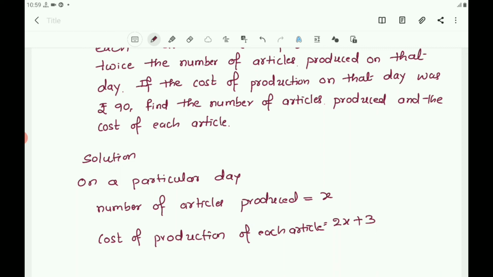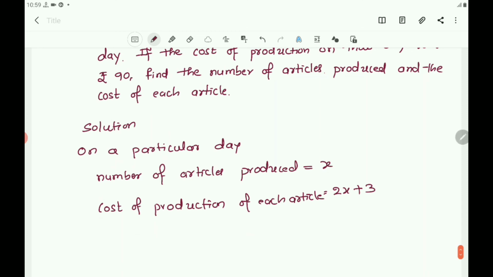And the cost of production on that day was rupees 90. That is the total cost of production.